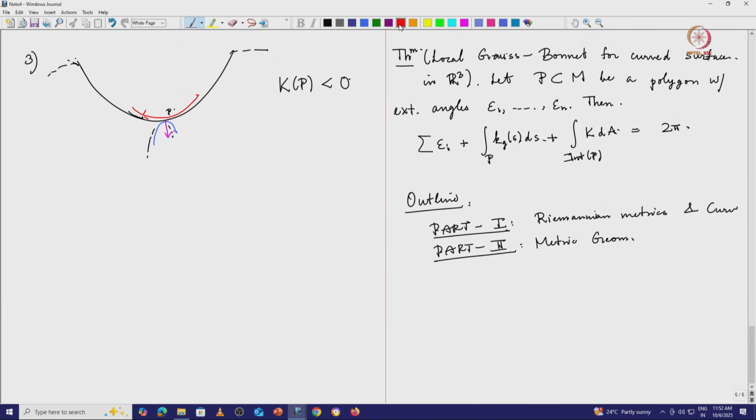Notice that I referred to these exterior angles, but I never actually defined them precisely. So at the end of the first part, I hope to precisely define what all these quantities are and then give a proof of the Gauss-Bonnet theorem. In the second part, we will talk about metric geometry aspects of Riemannian manifolds, namely distance functions and how that affects the curvature, and how in turn the distance function is affected by the curvature and so on.